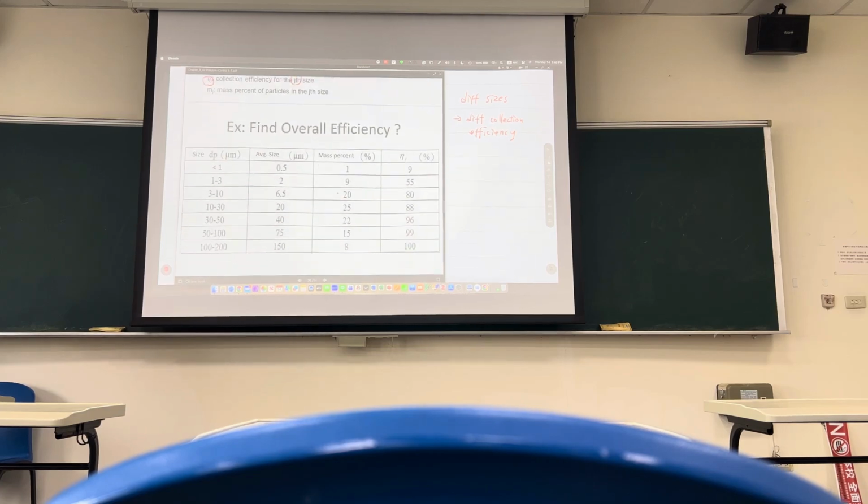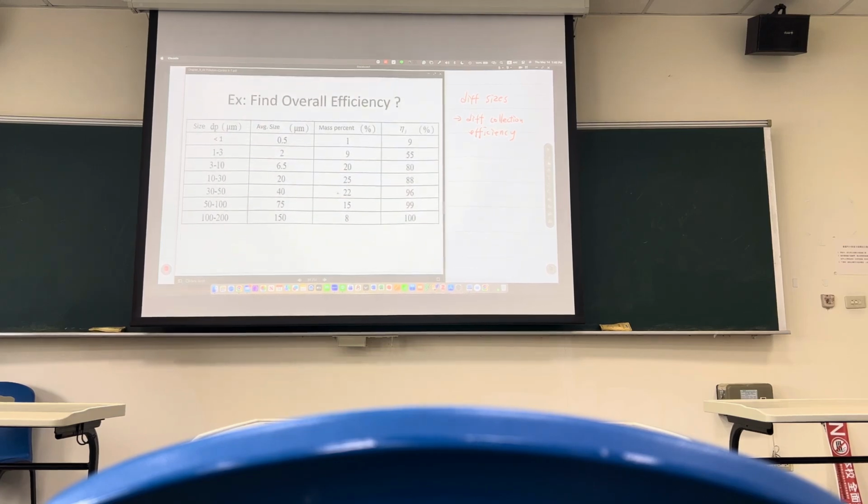Okay, so let's do these questions. First of all, we have the size smaller than 1, and this occupies 1%. So this is particle size, the first one, dp, this is particle size. And this is average size.